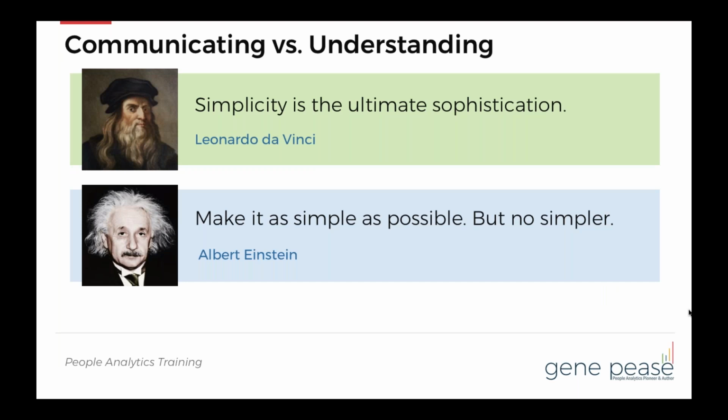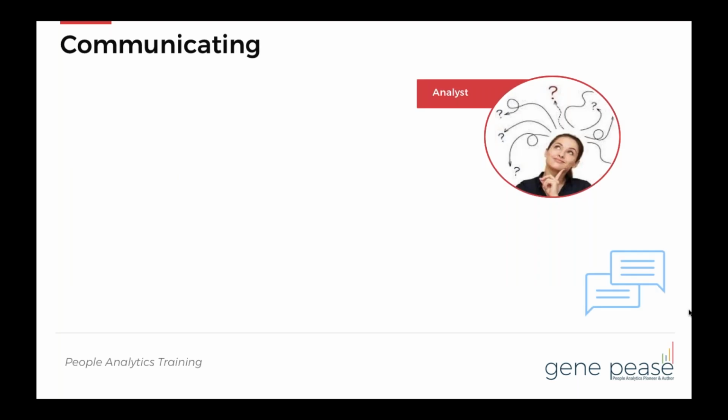Now we're generally talking about pretty complicated information, and there's a really fine line between simplicity and complication, and understanding versus just communicating. And there's no right or wrong. You've got to find that balance depending on the sophistication of the audience and the sophistication of the study.